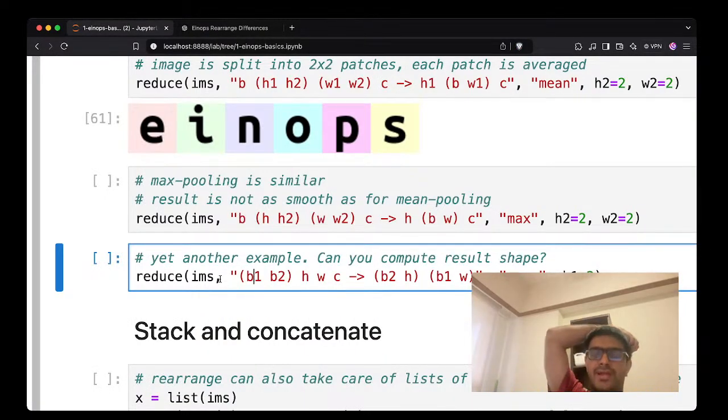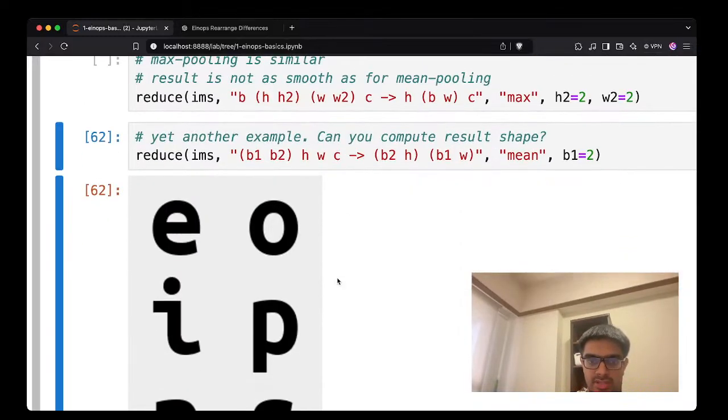The mean is applied across the B1 and B2. So no, I get that. And we're losing our C dimensions. The C is definitely collapsed. It's losing color.